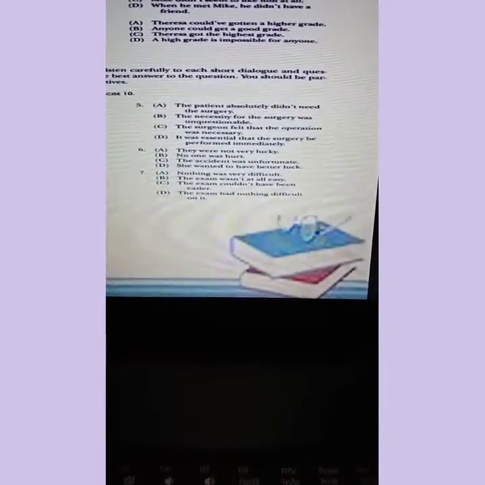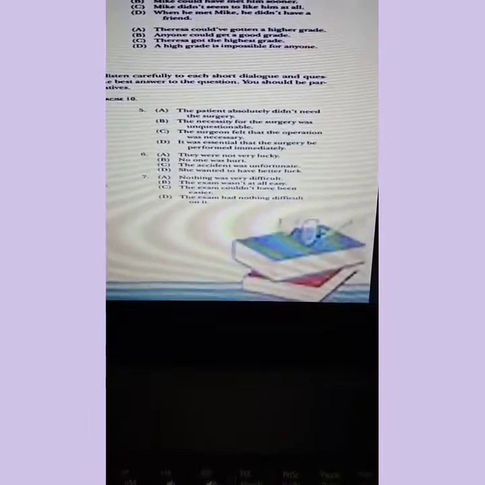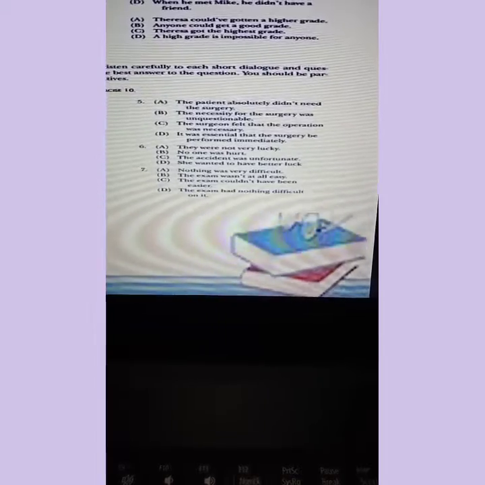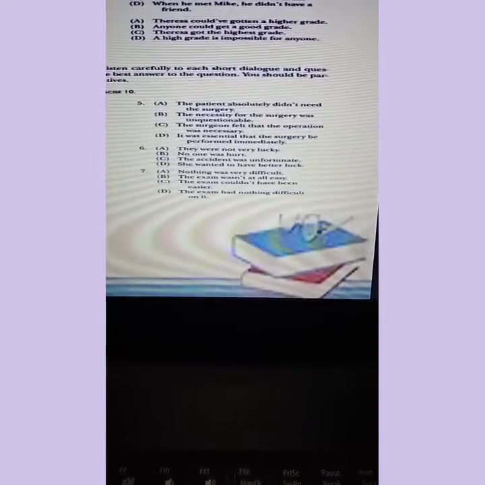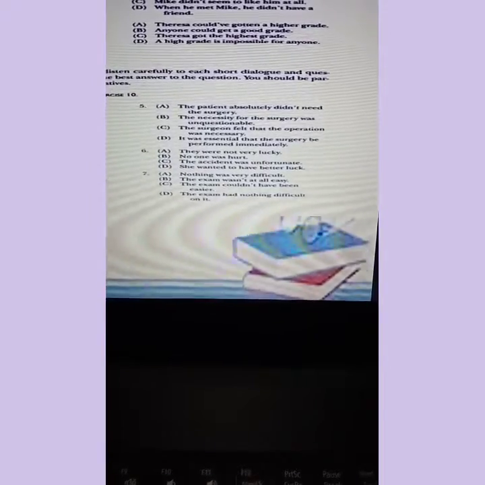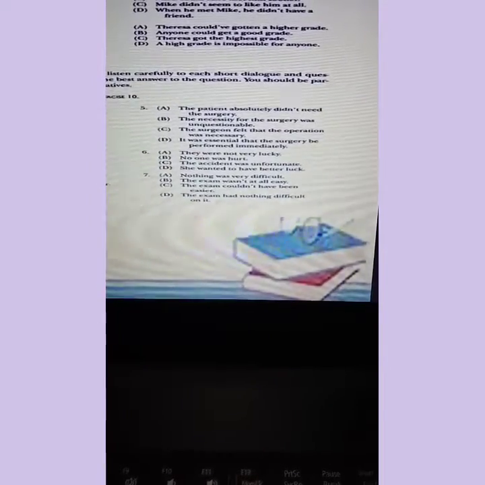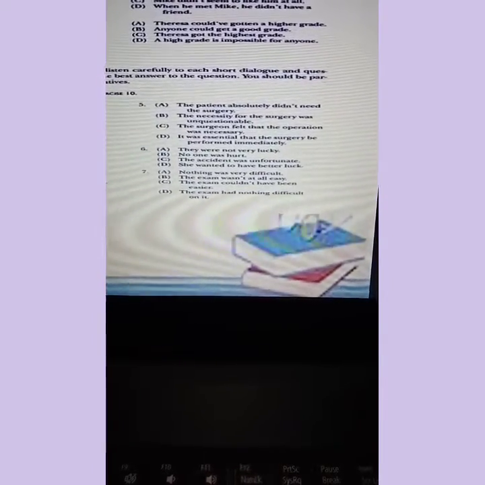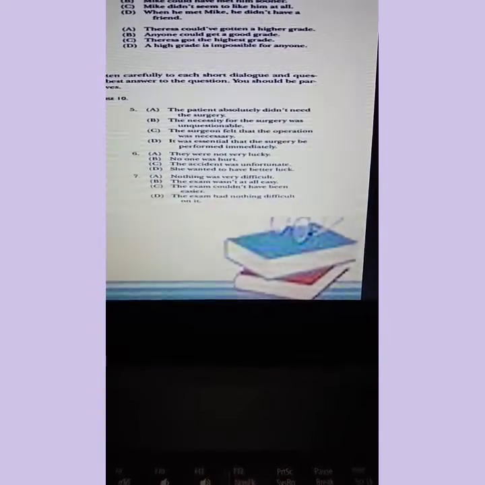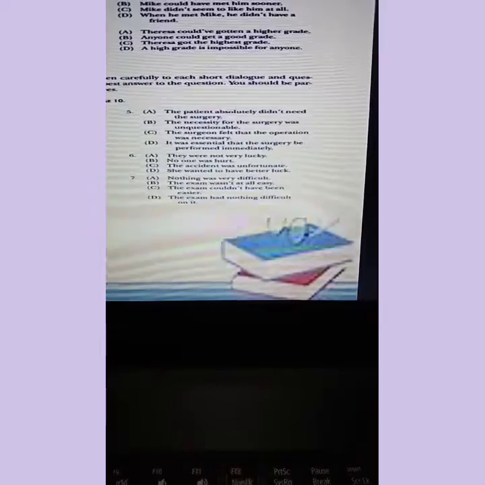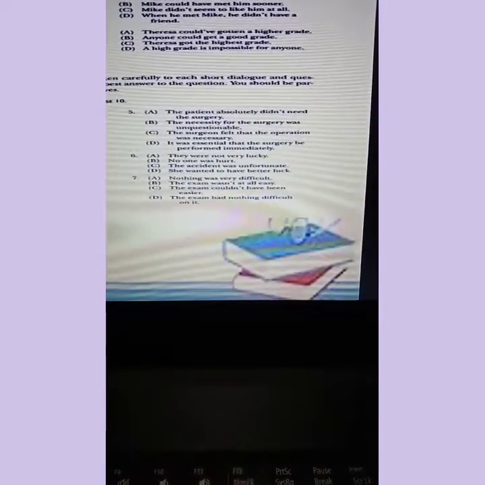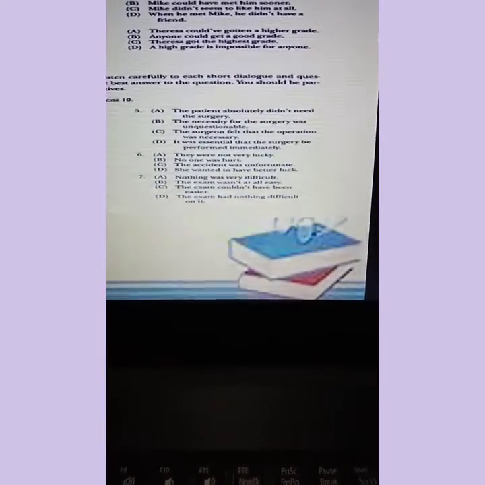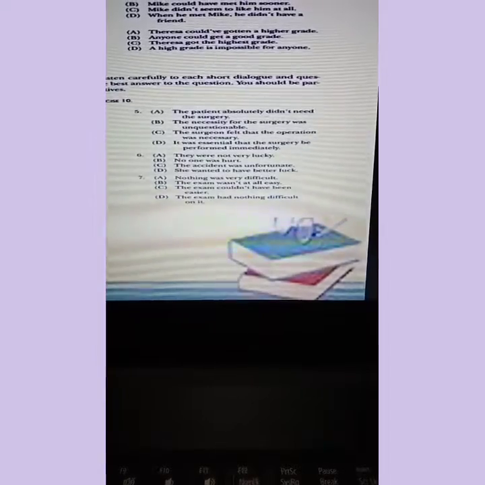Okay, see the answer. Remember that you have to keep the dialogue in mind and focus on the second line. A. Rara could have gotten a higher grade. B. Anyone could get a good grade. C. Rara got the highest grade.